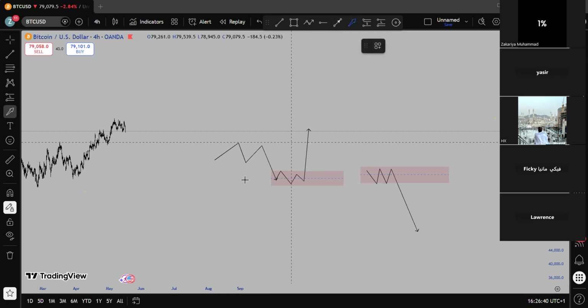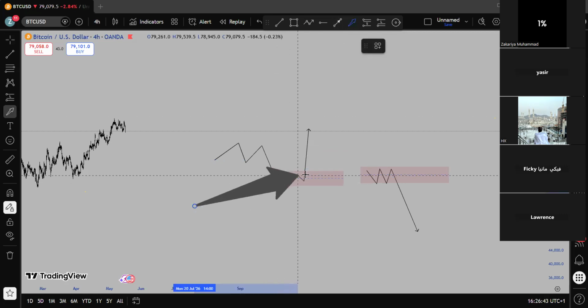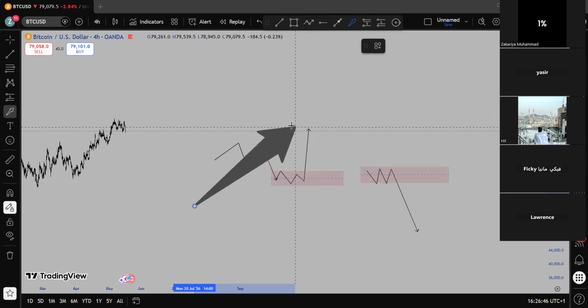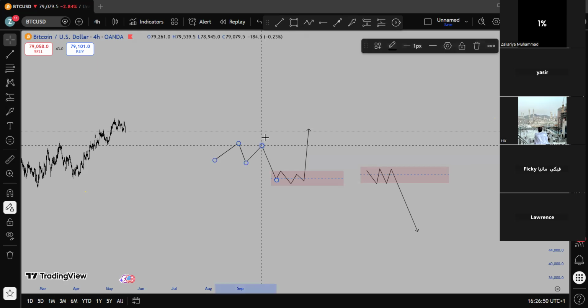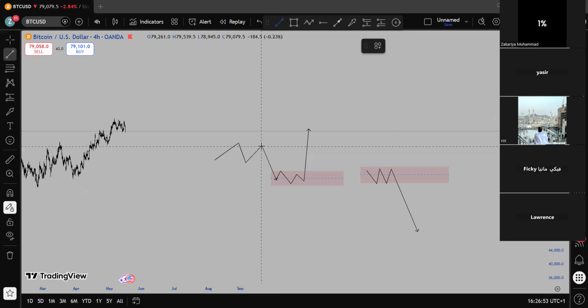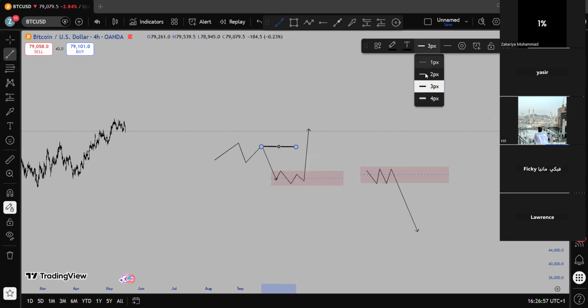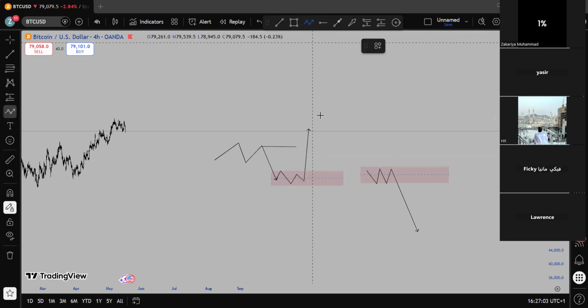There are a lot of buy orders of BTC here that have been executed and caused the market to buy massively like this, and this buy leads to a break of structure to the upside. This is called an order block. Anytime the market returns to this zone, we expect the same thing to happen: another institutional order executed at that zone for the market to keep pushing up.